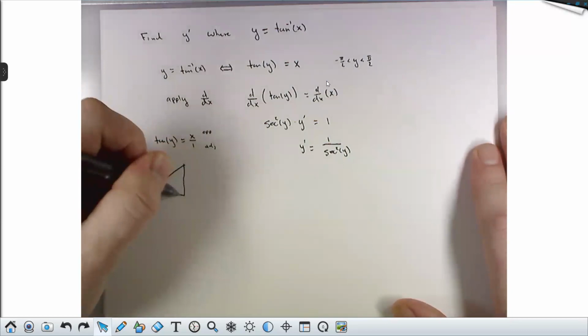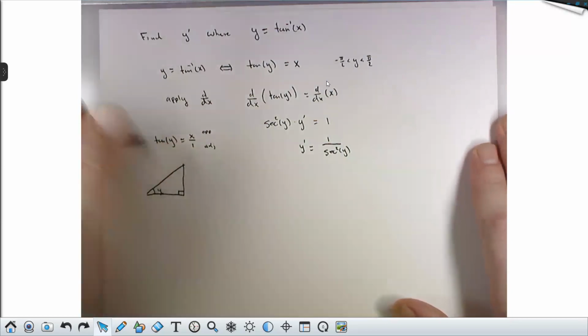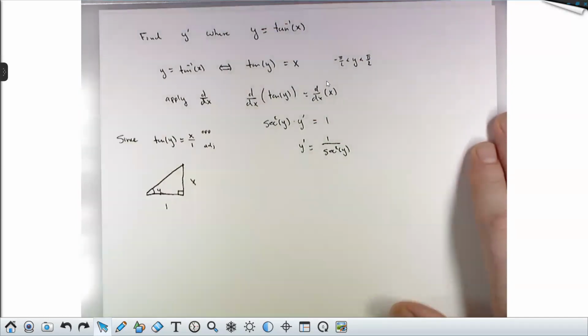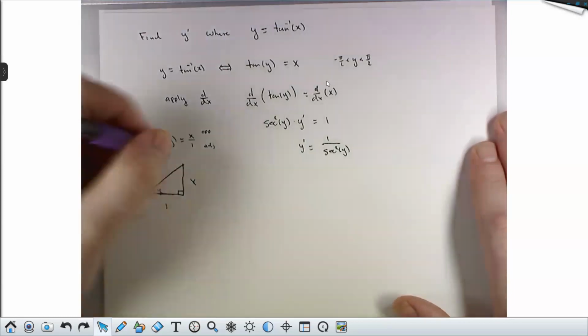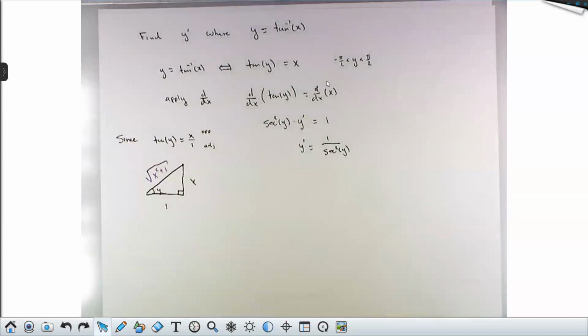And draw myself a little right triangle where the internal angle here is y, and this angle is 90 degrees. This would be x, this would be 1, and we have to solve for the missing side here, which is going to be the square root of x squared plus 1. Right, again, just Pythagorean. A squared plus b squared equals c squared.